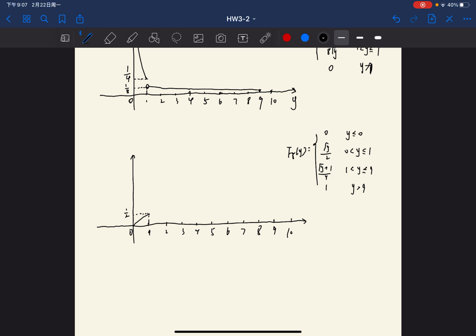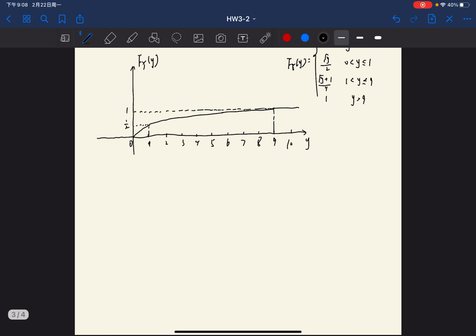And when y is greater than 9, it is equal to 1. So this is the probability distribution function figure.